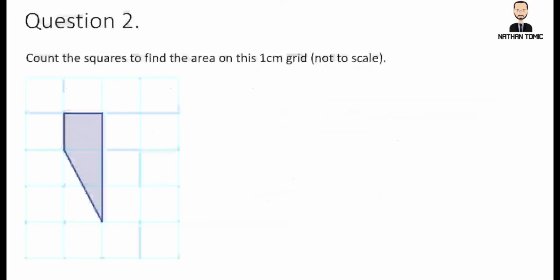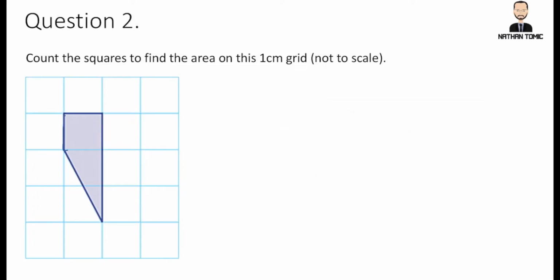Question 2 asks you to count the squares to find the area on this 1 centimetre grid. Now it's important to note that it's not to scale, but each one of those blue squares is representing 1 square centimetre. So if we have a look at this grid, we basically have 1 here in this centre section, and then we've got this triangular shape.